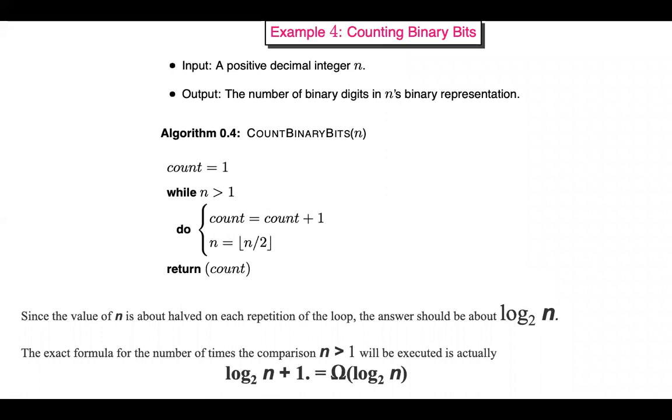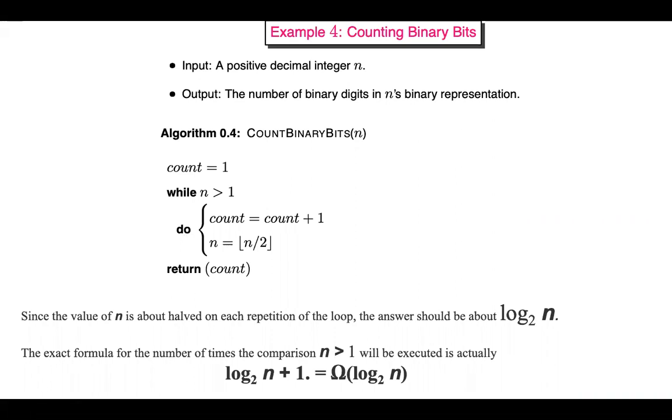The output is, when you represent the decimal number in binary, it will count how many digits are there. 4 is a decimal number. Its equivalent binary value is 100. So the output will give 3. Is it clear? So the output is 3.